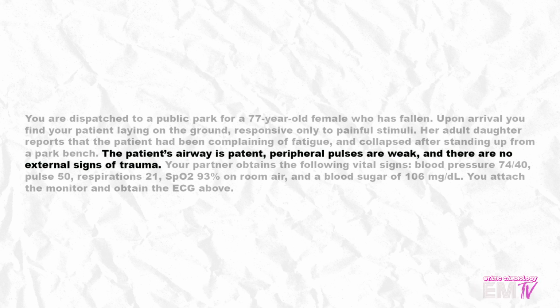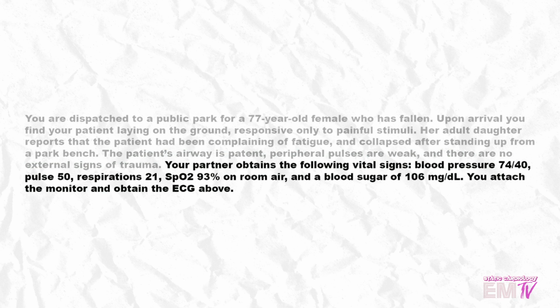The patient's airway is patent, peripheral pulses are weak, and there are no external signs of trauma. Your partner obtains the following vital signs: blood pressure 74/40, pulse 50, respirations 21, SpO2 93% on room air, and a blood sugar of 106. You attach the monitor and obtain the ECG above.